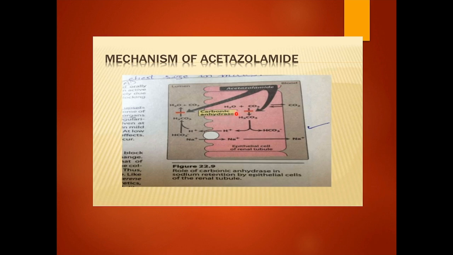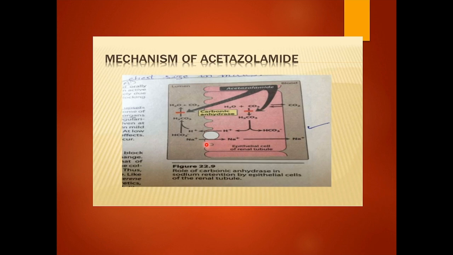This enzyme catalyzes the reversible reaction of H2O plus CO2, giving rise to H2CO3, that is carbonic acid. This carbonic acid spontaneously ionizes into H+ and HCO3- ions. The H+ ions which are formed are exchanged for sodium ions.